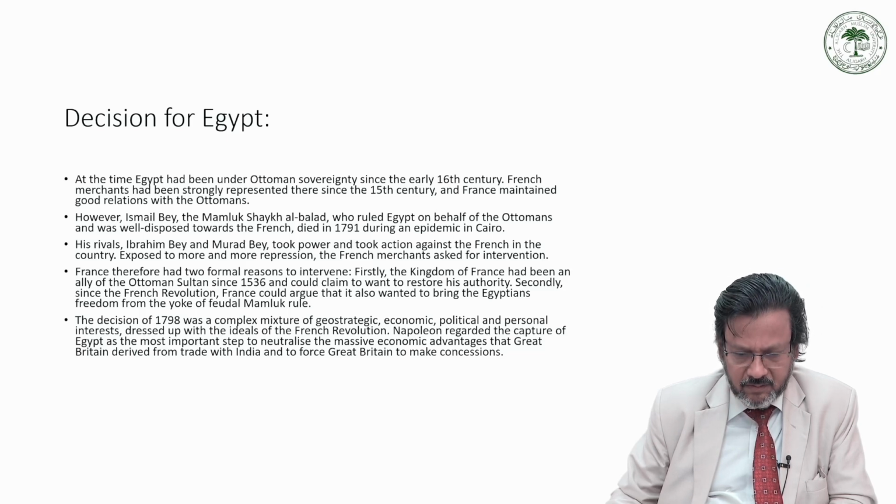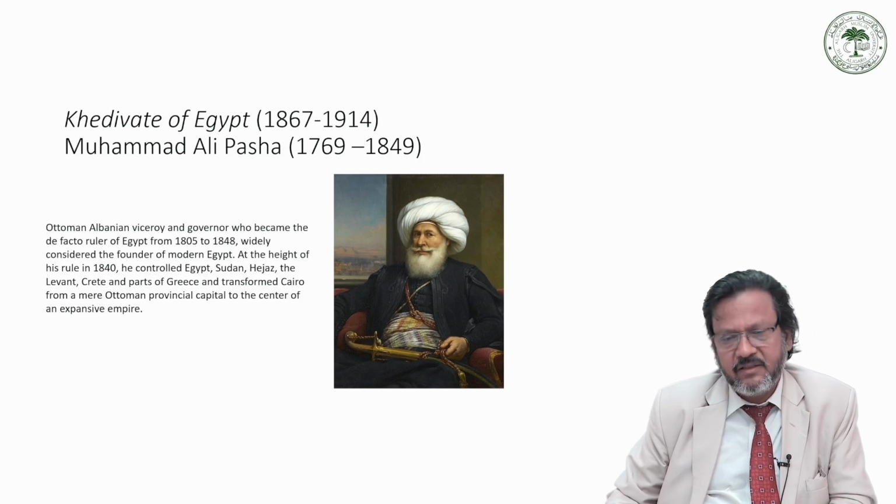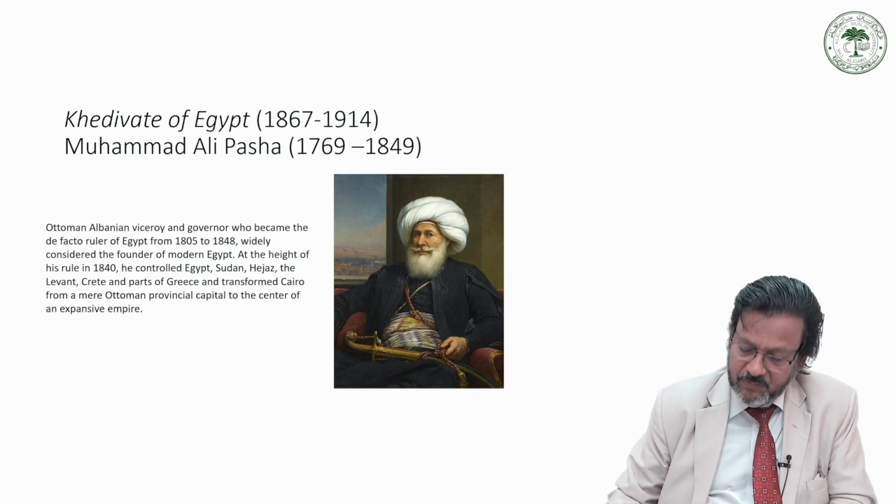and Africans. Related to this is the Khedivate of Egypt, 1867 to 1914, with Muhammad Ali Pasha adorning the scene with his very powerful presence.